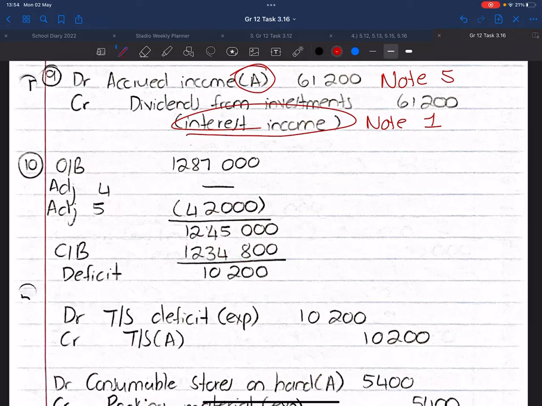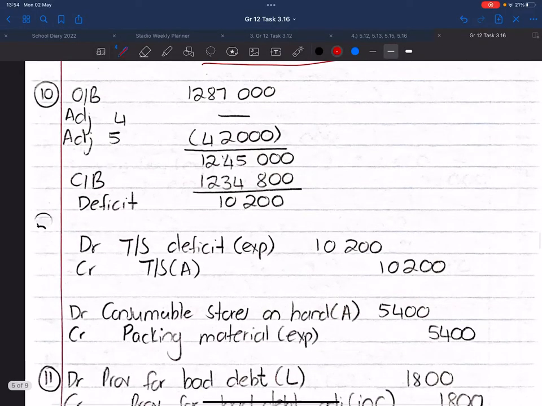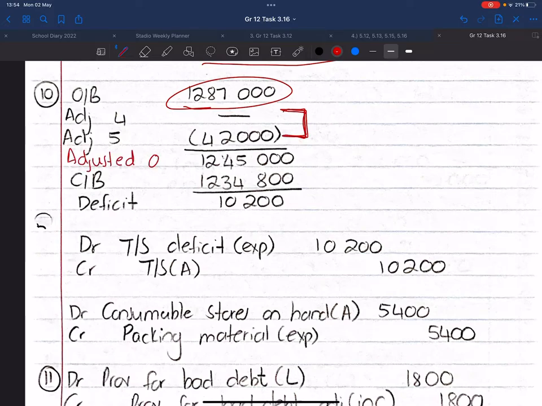Then number 10 says the physical stock count revealed the following. So just like normal, you need to get your opening balance and then account for any adjustments that have taken place to get your adjusted opening balance of your trading stock. Then you get your balance per your stock count, and the difference is either your surplus or your deficit.